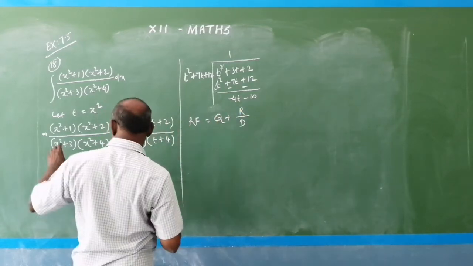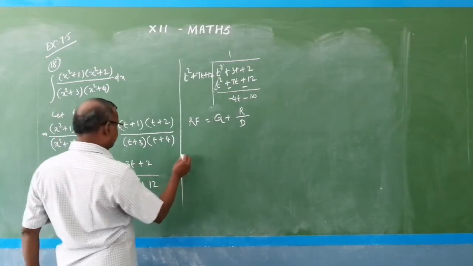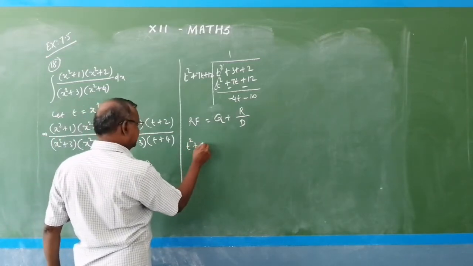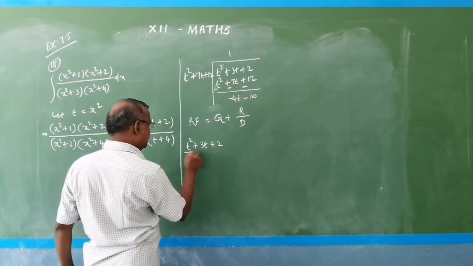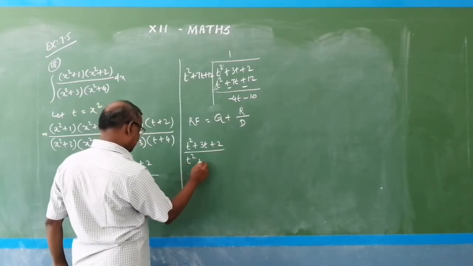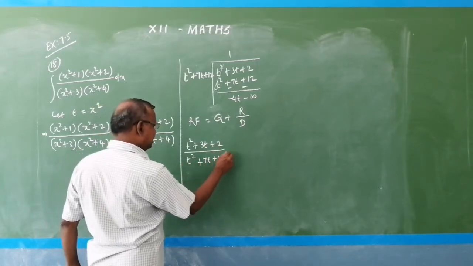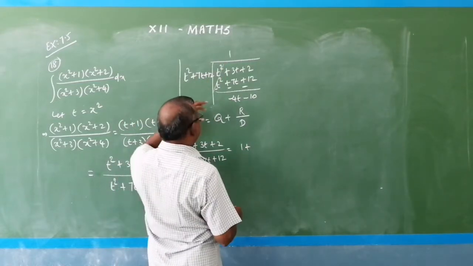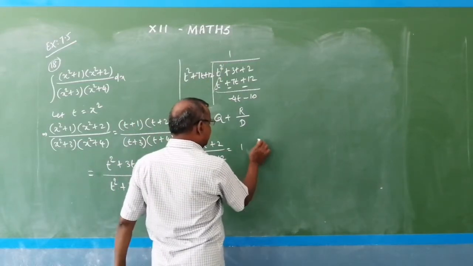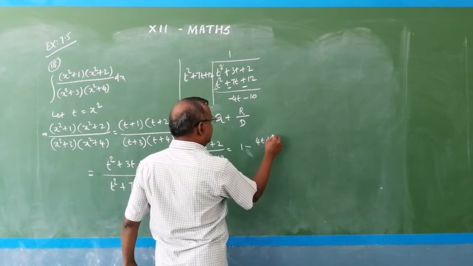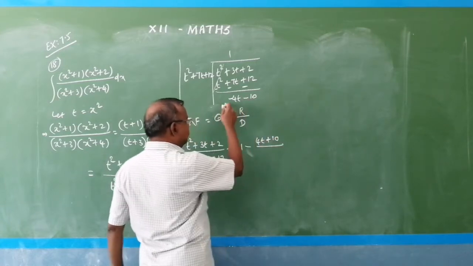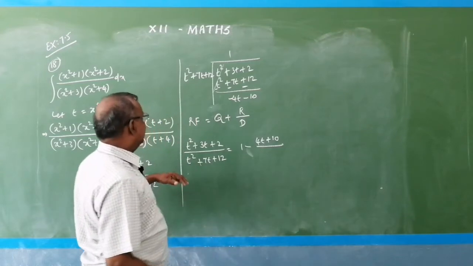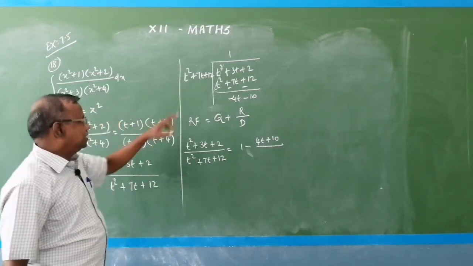So the LHS t square plus 3t plus 2 divided by t square plus 7t plus 12 equals, the quotient is 1 plus the remainder, minus (4t plus 10), taking the minus outside, divided by the divisor t square plus 7t plus 12.